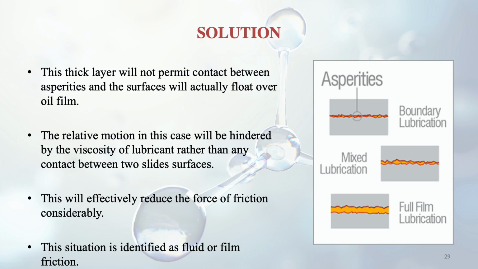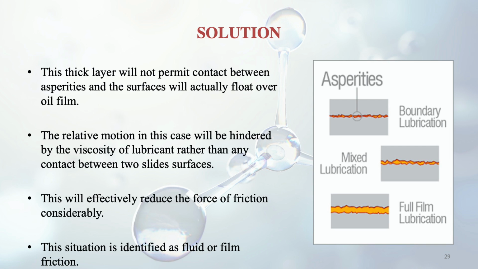So in the figure you can see how the asperities are there between the two surfaces. Then there is boundary lubrication, where the thickness of the oil film is less, whereas in the case of fluid film lubrication the thickness of the lubricant layer is more.